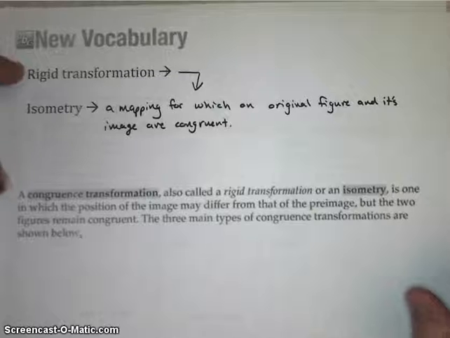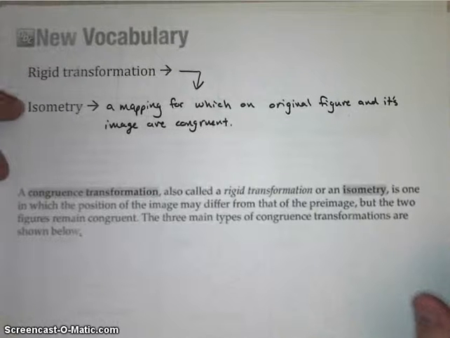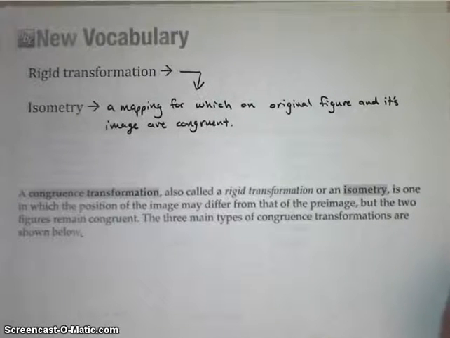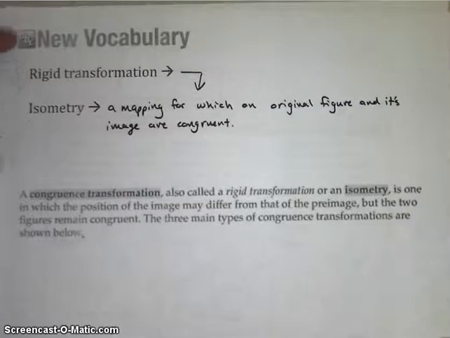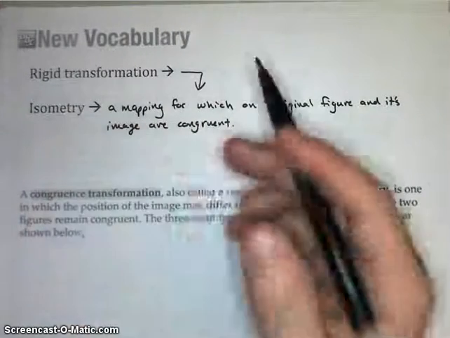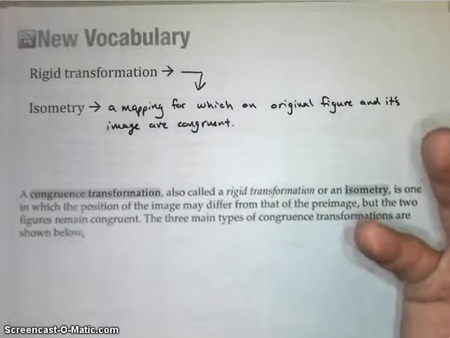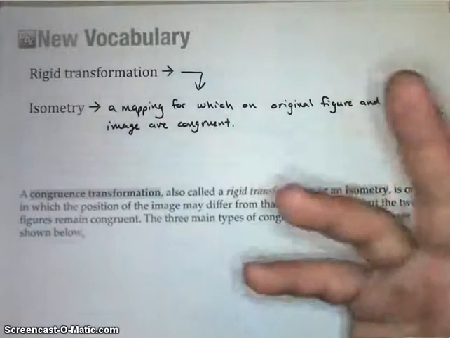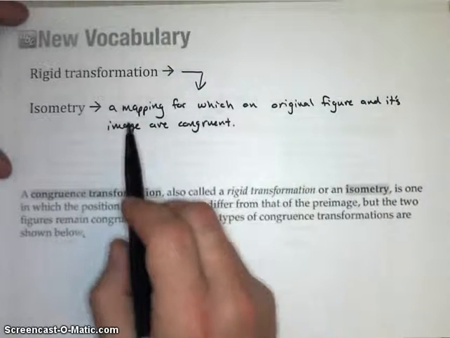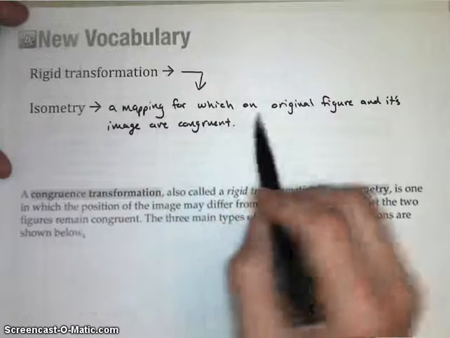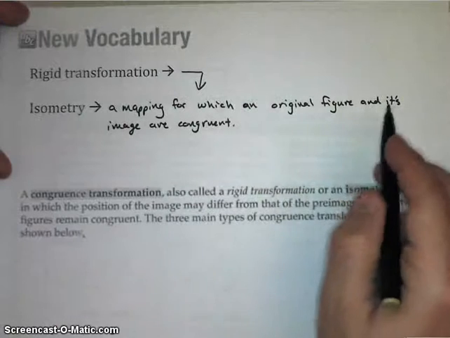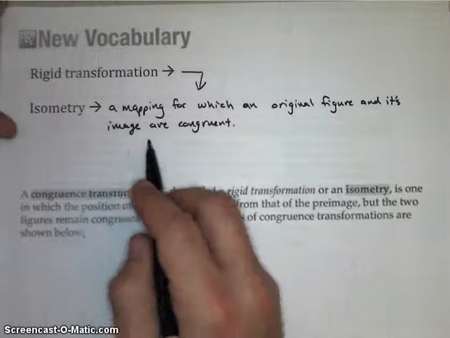Now, rigid transformation really is just the same as what we call an isometry. The word rigid helps us understand that it is a strict or unmoving way of moving a figure where all the attributes of the figure stay fixed in the same position and size. And so we say that an isometry or rigid transformation is a mapping for which an original figure and its image, what happens after you move it, are congruent.